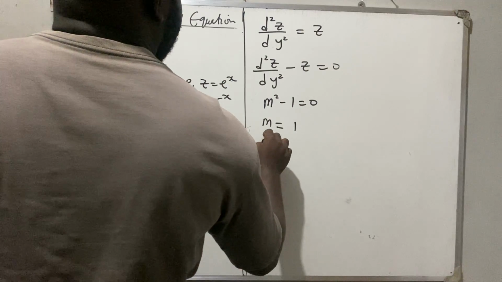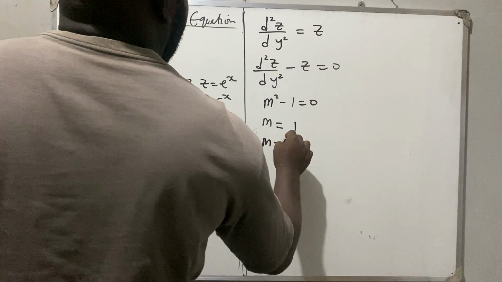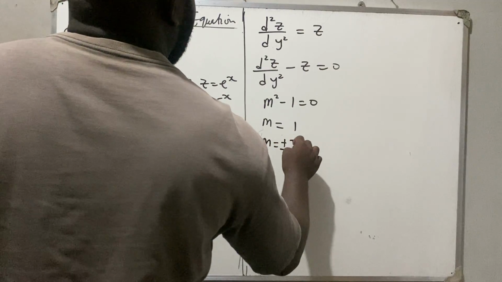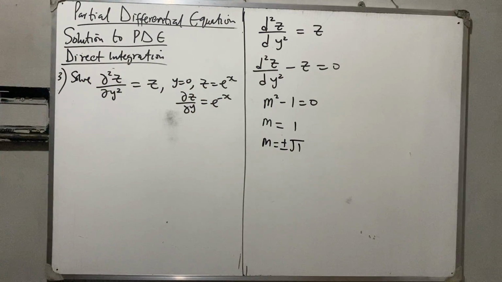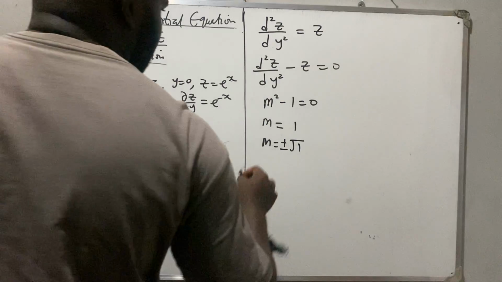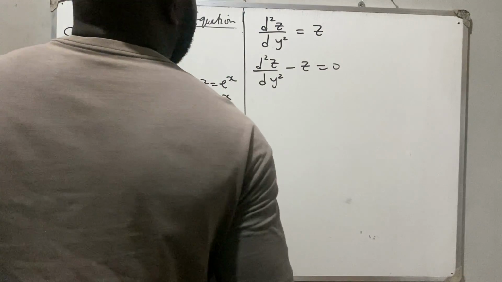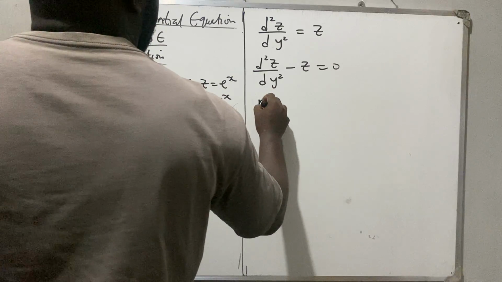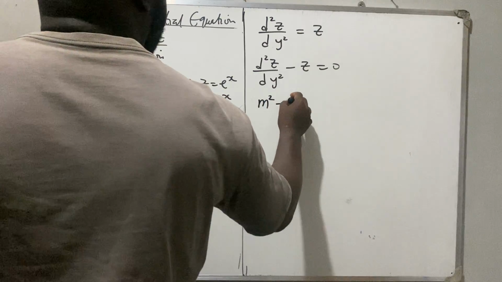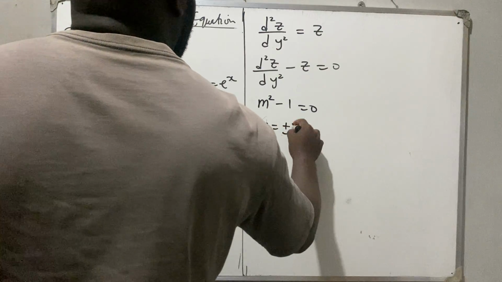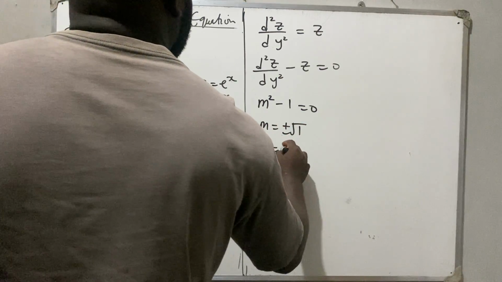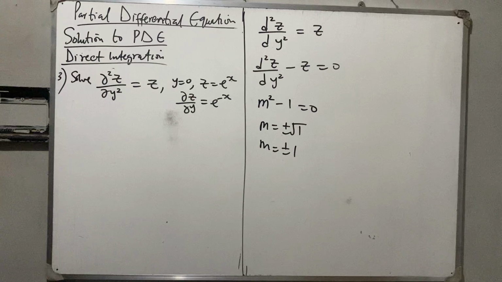Sorry, so this is going to be m squared minus 1 is equal to 0, yeah. And m will now be plus or minus the square root of 1. So m will now be plus or minus 1, right? Yeah, plus or minus 1.